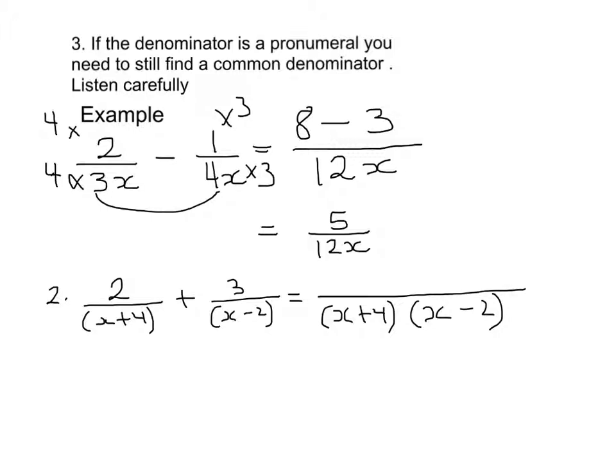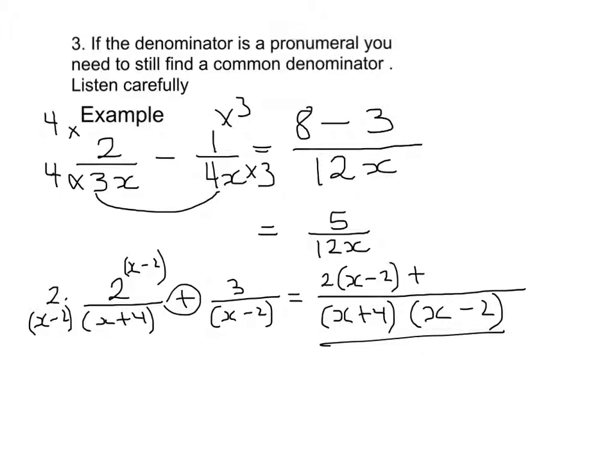Here, x plus 4 times what gives me this denominator that I have here? Well, it would be times x minus 2. So that means I now need to multiply the numerator by x minus 2. And I write it like this: 2 bracket x minus 2 plus, that plus from the middle here.